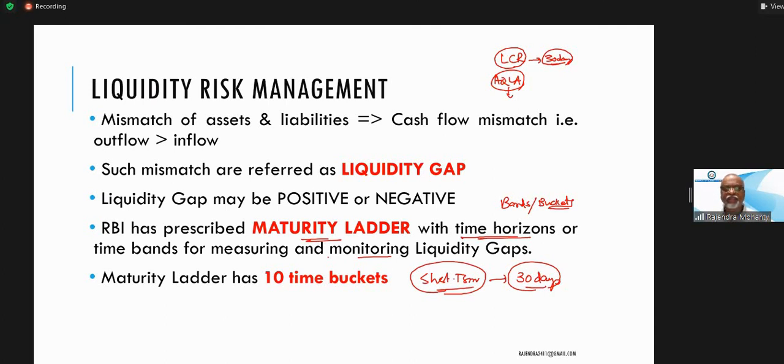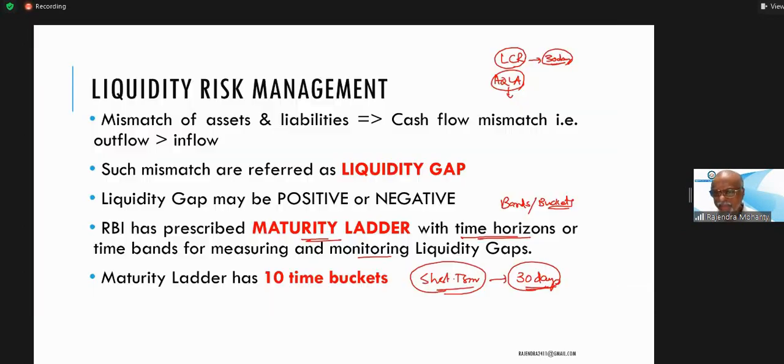RBI is more concerned that your liquidity problems should not exceed a limit for at least the 30-day period. Whatever buckets are within 30 days should have limited liquidity risk; you cannot exceed that limit.